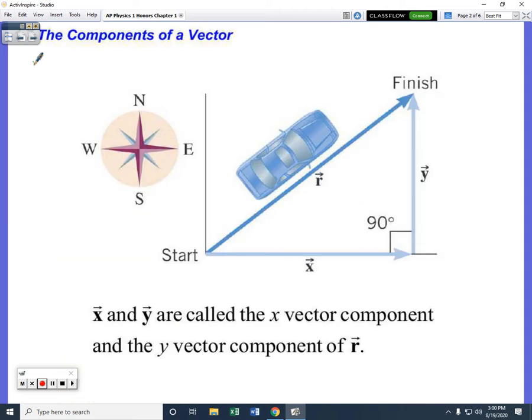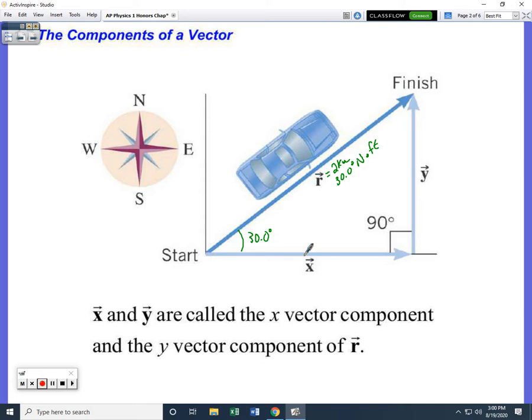So sometimes when you have a vector, like we described earlier, we had this resultant vector for a car traveling. Let's say we have this 2 kilometers that was at 30.0 degrees north of east. So this angle down here would be our 30.0 degrees. Sometimes it's nice to actually figure out what we call the components.